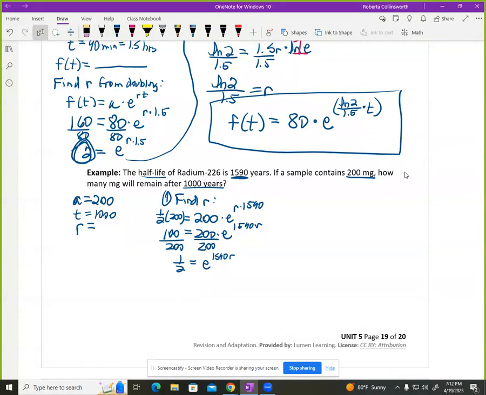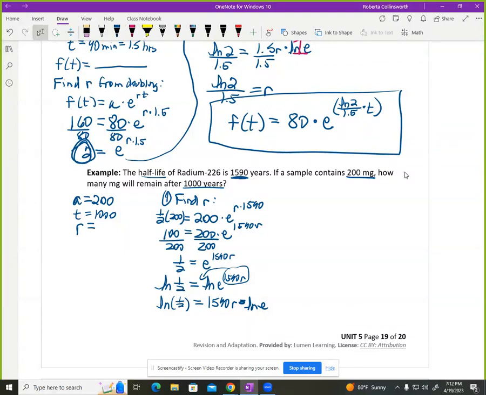So I'm going to take the ln of both sides. I'm going to move this around to the front. This is equal to 1.